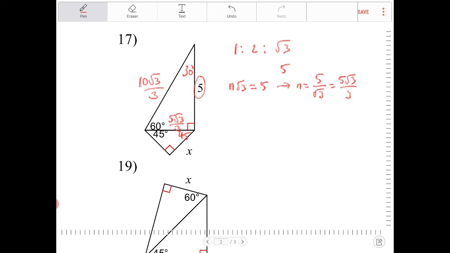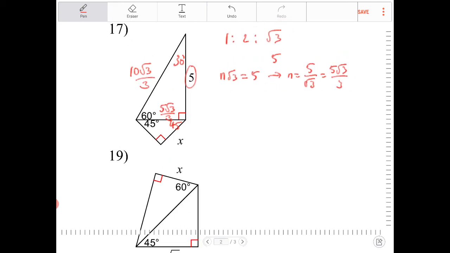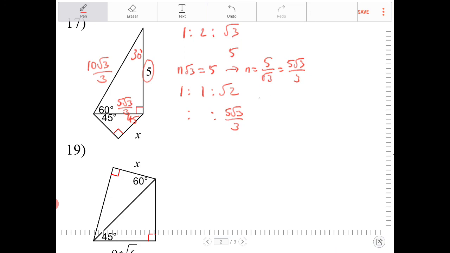Okay? And I got to figure out what x is. So then I have 1, 1, radical 2. 5 radical 3 over 3 corresponds with the radical 2. Then I got to figure out what those lengths are. So again, n radical 2, I got to figure out what the proportion is. n radical 2 is equal to 5 radical 3 over 3.